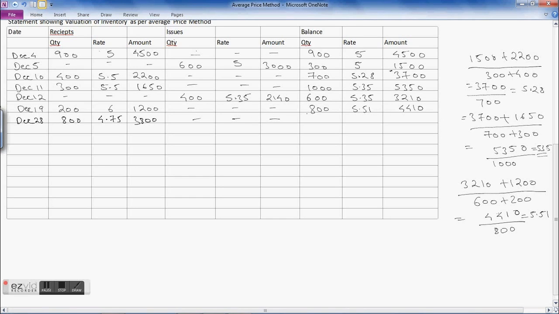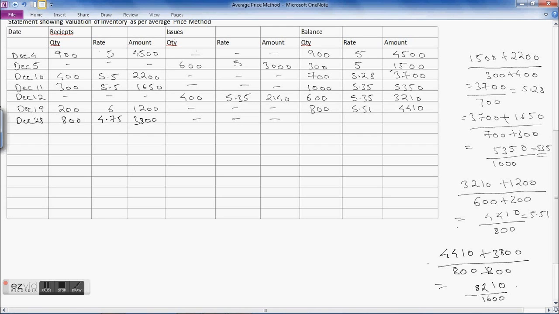So for purpose of closing stock, again we'll find out what is the weighted average. 4410 plus 3800 divided by 800 plus 800. So that comes to 8210 divided by 1600.